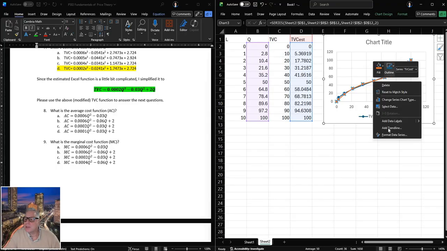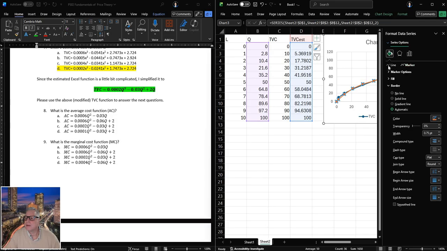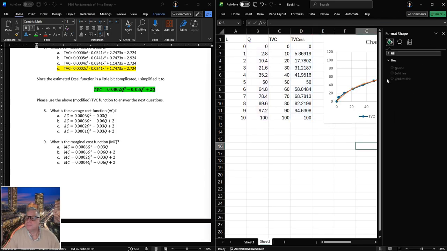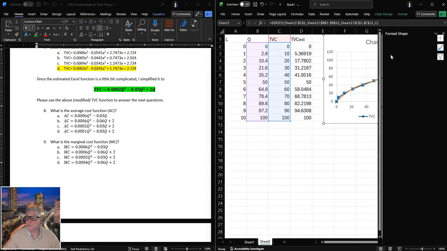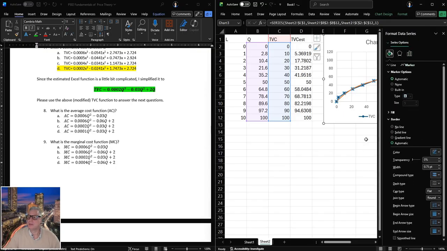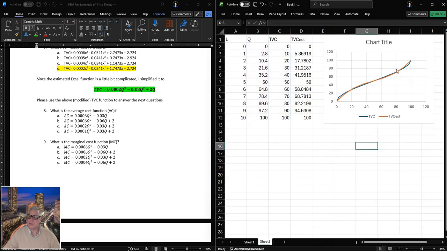Let's get rid again of all those dots and format those data series. Marker, none. And also for the other one, format data series, marker, none. Okay, you can see that it's good enough for our purposes.